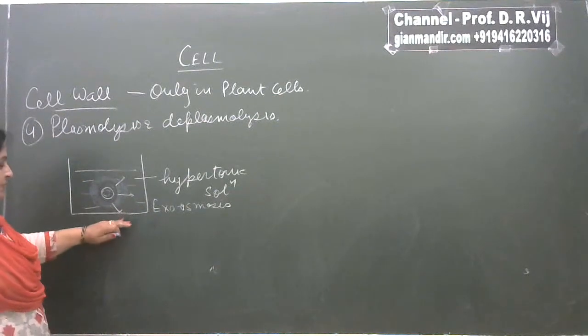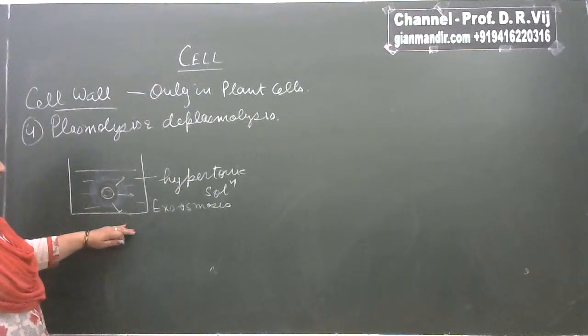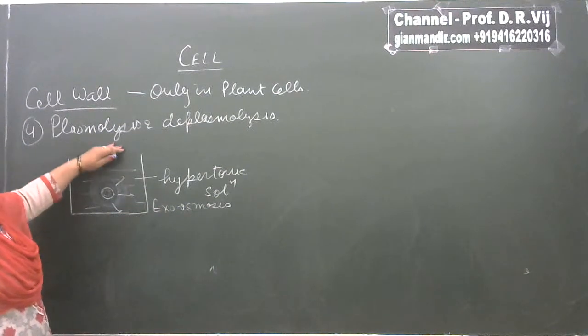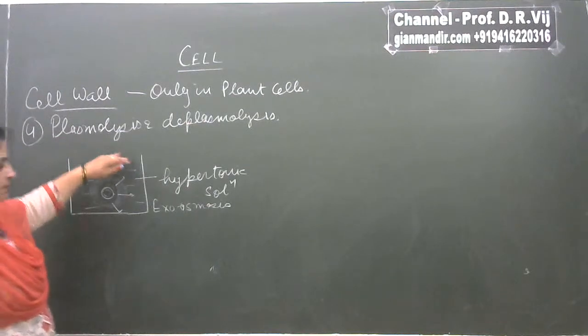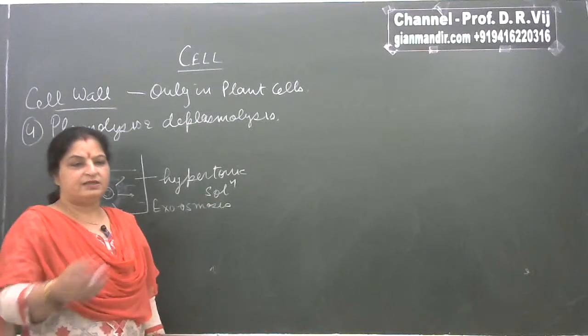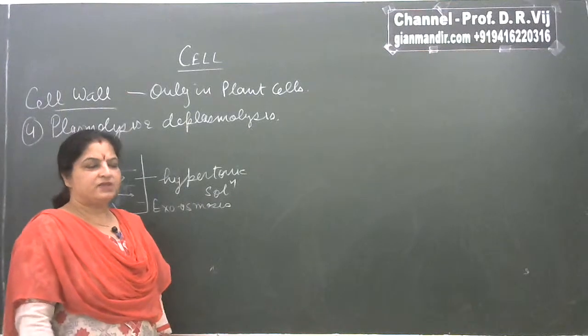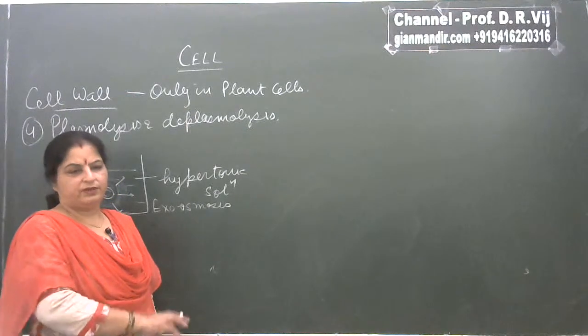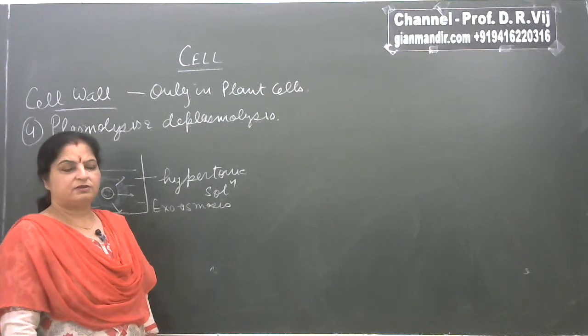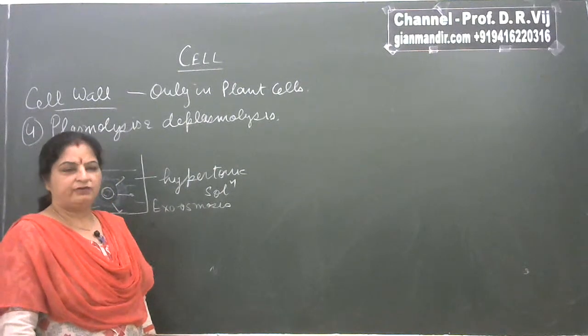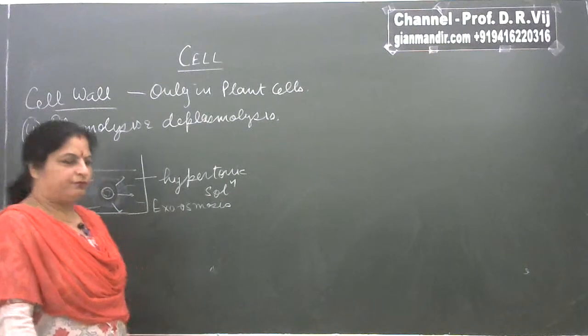And due to the same reason, this phenomenon is known as plasmolysis. Plasmo means plasma, lysis means breaking down or separation. So when the plasma membrane is separated from the cell wall because of the process of exoosmosis, it is known as plasmolysis, right?